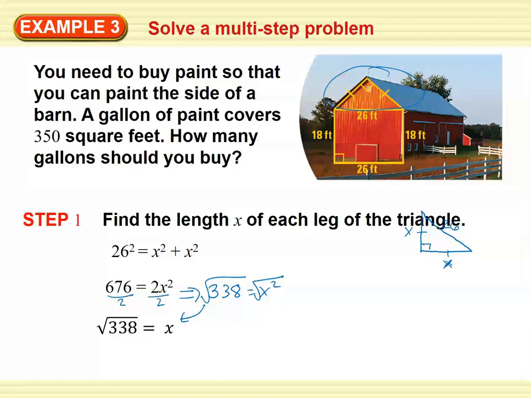Okay, really quickly, I'm just going to show you another option as to how you could have found that. I'm going to redraw my picture just a little bit lower. I forgot that I had some text going over there. Okay, so there is the picture. So some of you may have recognized this as a 45-45-90 triangle.